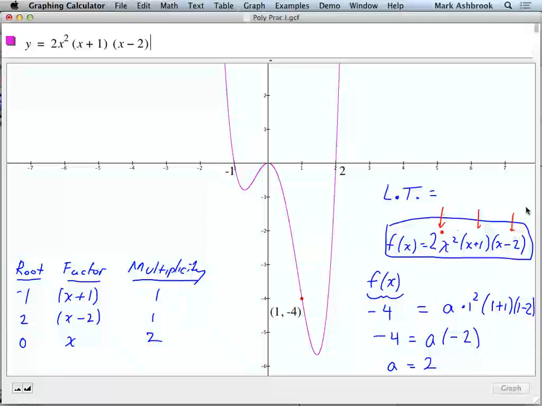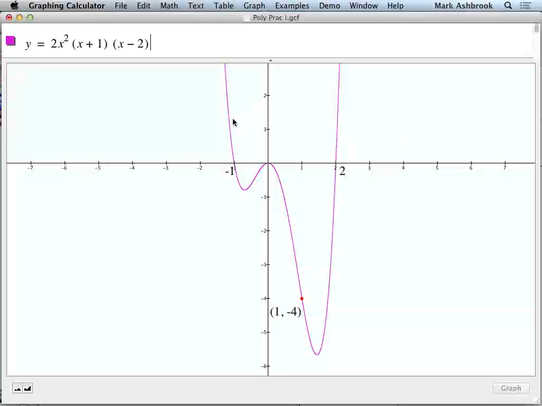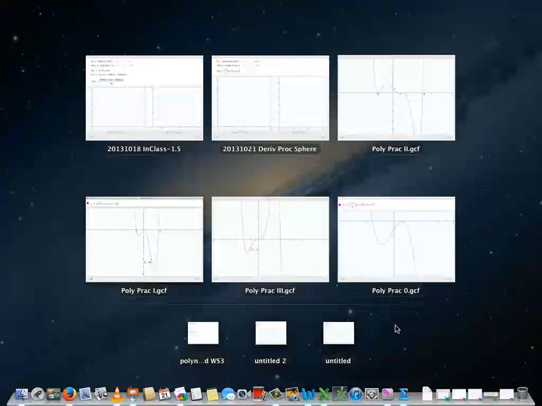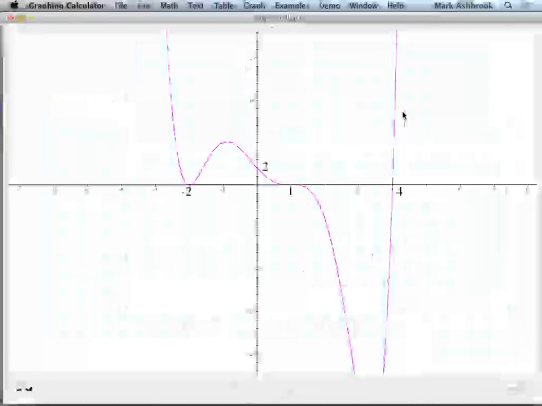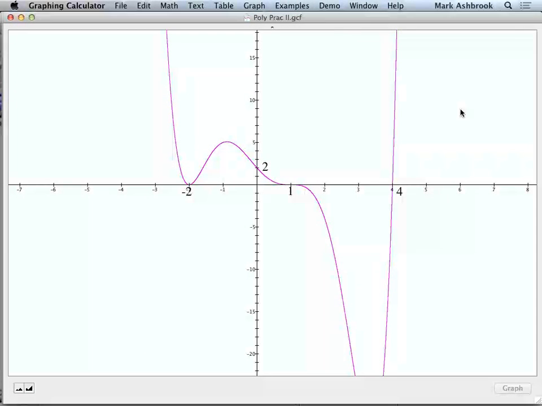All right, so we're going to get 2x squared, and then times x, and then times x, which equals 2x to the 4th. Okay, and if you analyze it, it'll be up in both directions. Okay, one more. Go. This one has a new element to it.